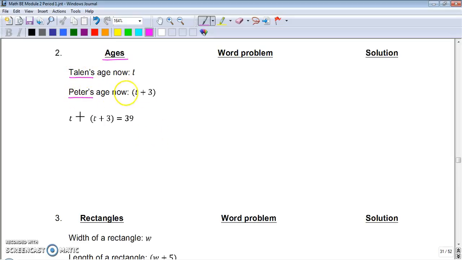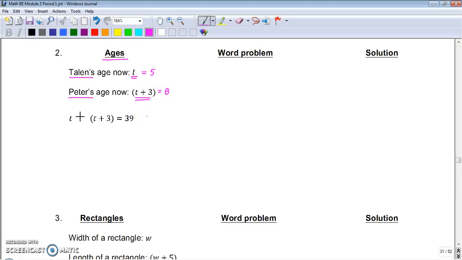And as I write this word problem, I need to look at what's already set up in these expressions in the equation. So I notice that Talon's age will be t, and Peter's age will be t plus 3. So that would mean that, just as an example, if Talon was 5, that would mean that Peter is 8. Peter is 3 years older.